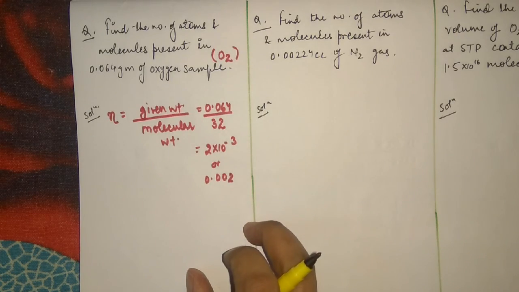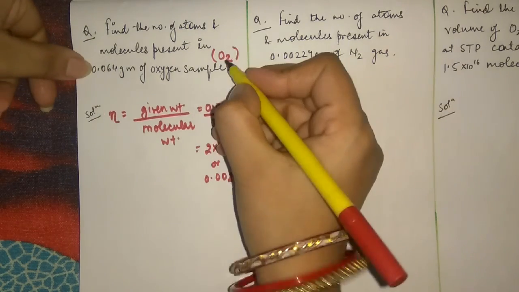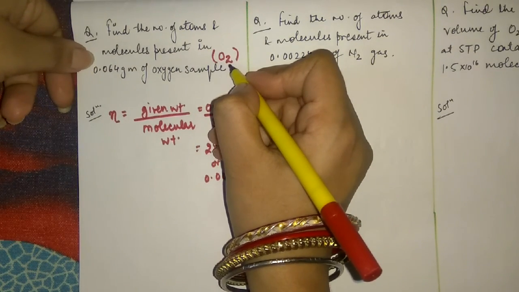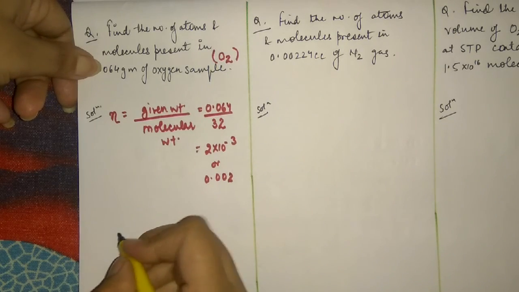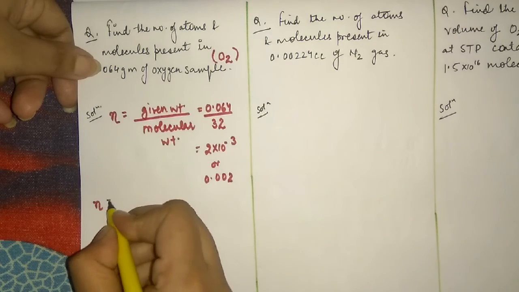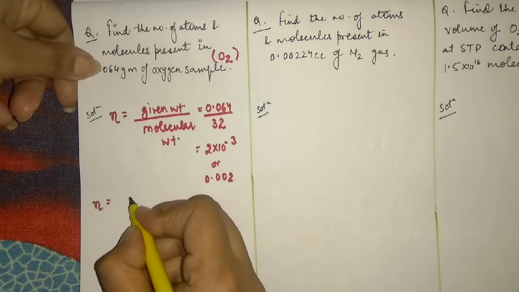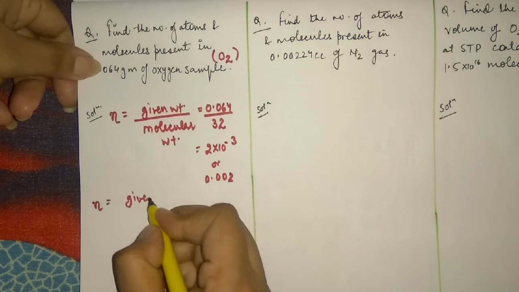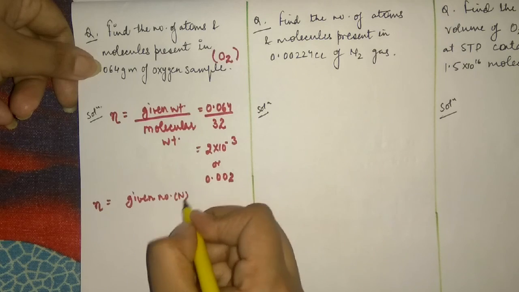Now, you have to calculate what? Find the number of atoms and find the number of molecules. Since O2 is a molecule, we are considering O2 in the molecular form. So first we will calculate the number of molecules. I also know that n is equal to given number N upon Na.